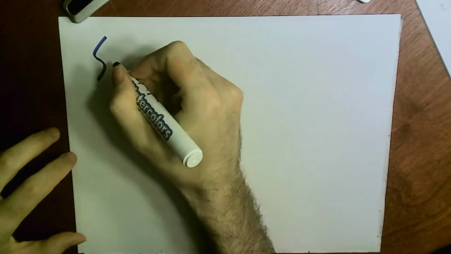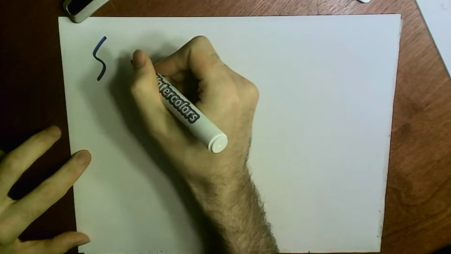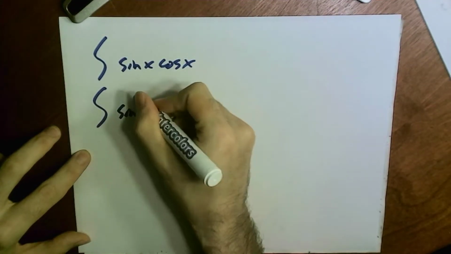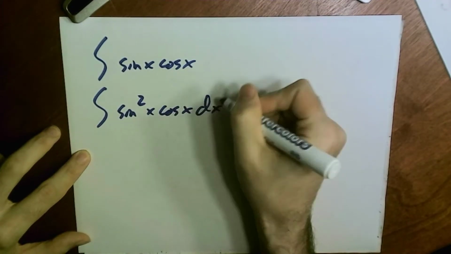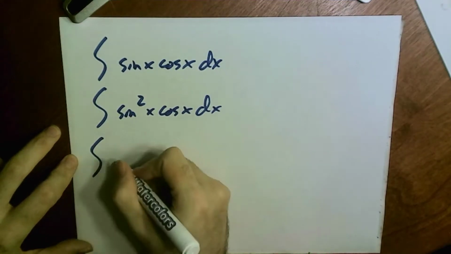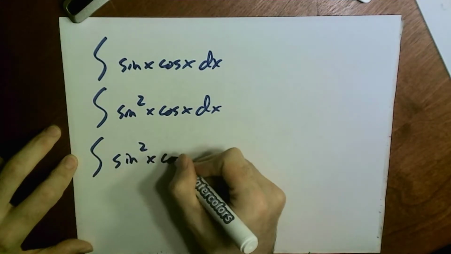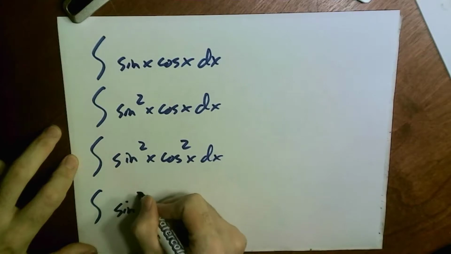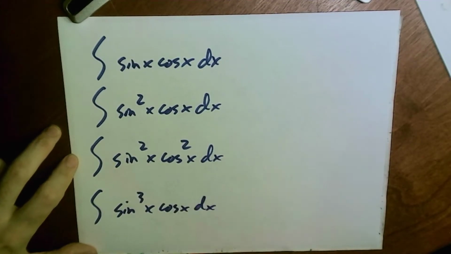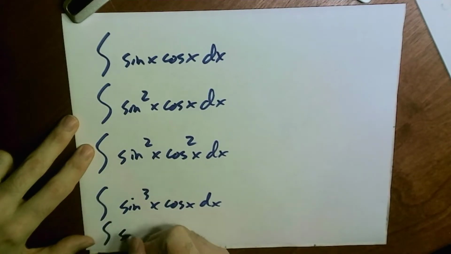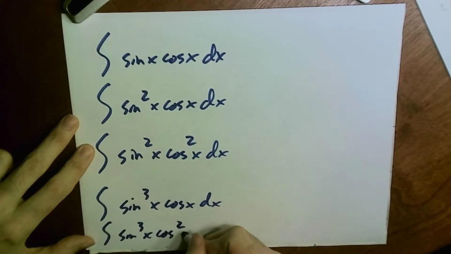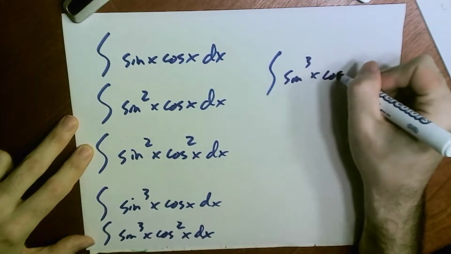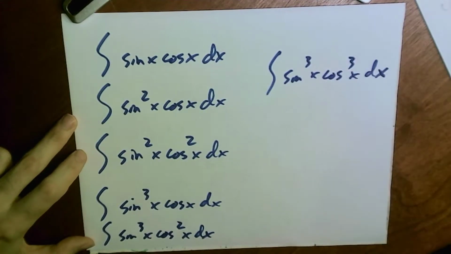We could consider the integral of sine x cosine x, as well as the integral of sine squared x cosine x dx, as well as the integral of sine squared x cosine squared x, as well as the integral of sine cubed x cosine x, as well as the integral of sine cubed x cosine squared x, as well as the integral of sine cubed x cosine cubed x.